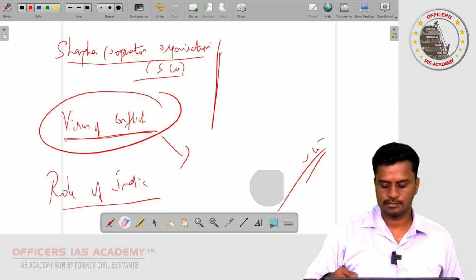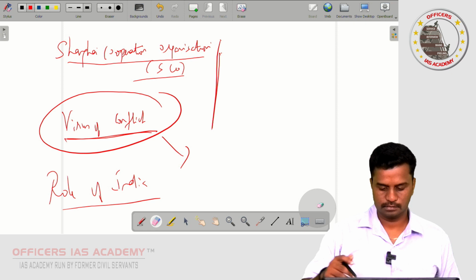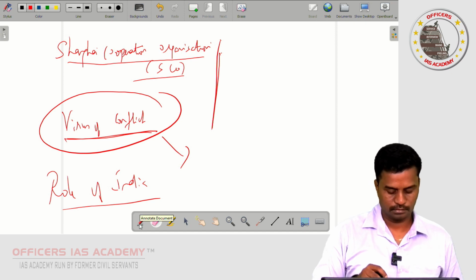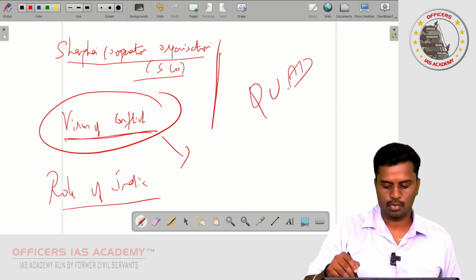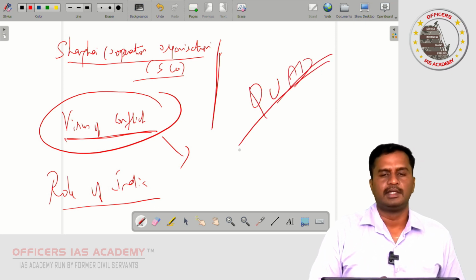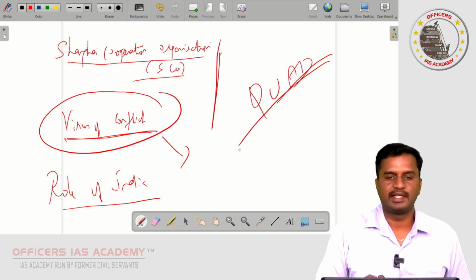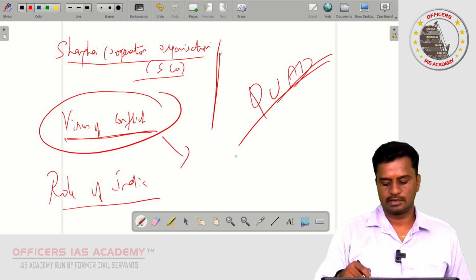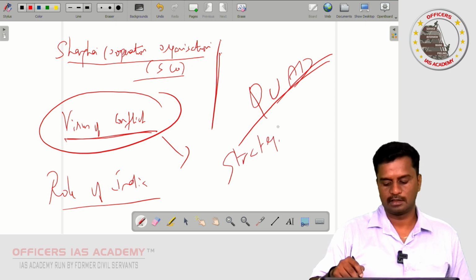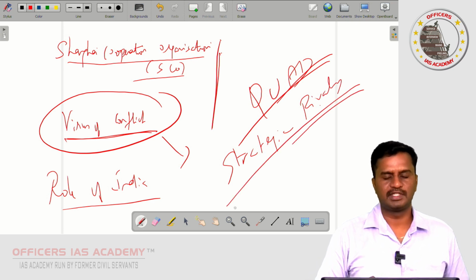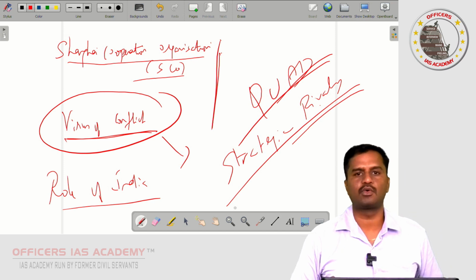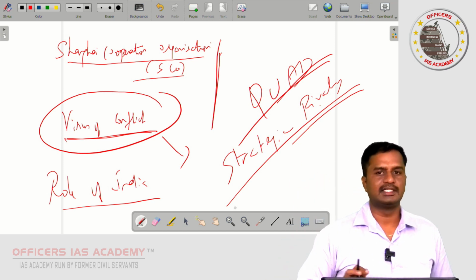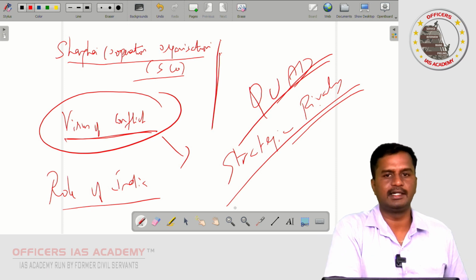Apart from this, Quad: India is a member of Quad, it is also a member of SCO. Next, India-Pakistan strategic rivalry. Because of this strategic rivalry, India and Pakistan are not cooperating within SCO. So try to write the important irritants.